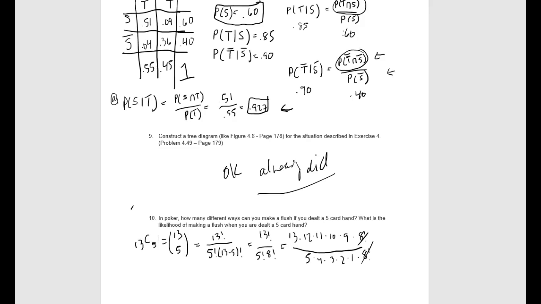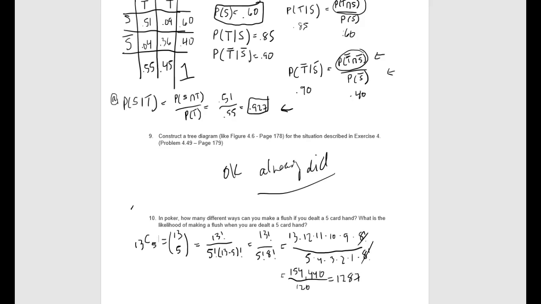We factor out the 8 factorials. And so we get 13 times 12 times 11 times 10 times 9 all over 5 times 4 times 3 times 2 times 1. And that is going to give us 154,440 all over 120, which is equal to 1287.